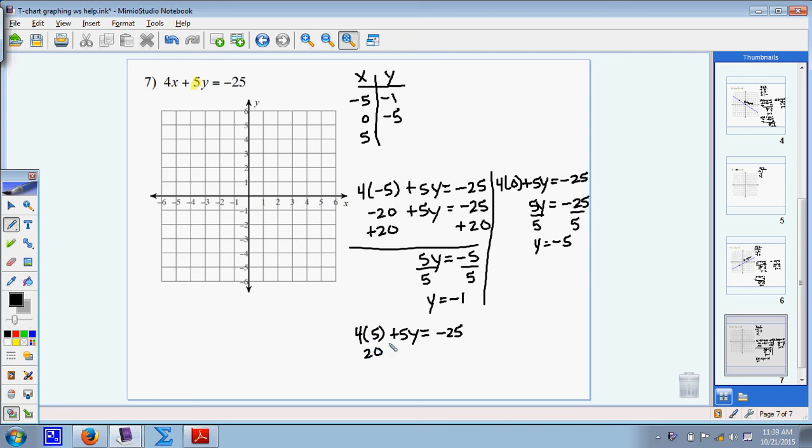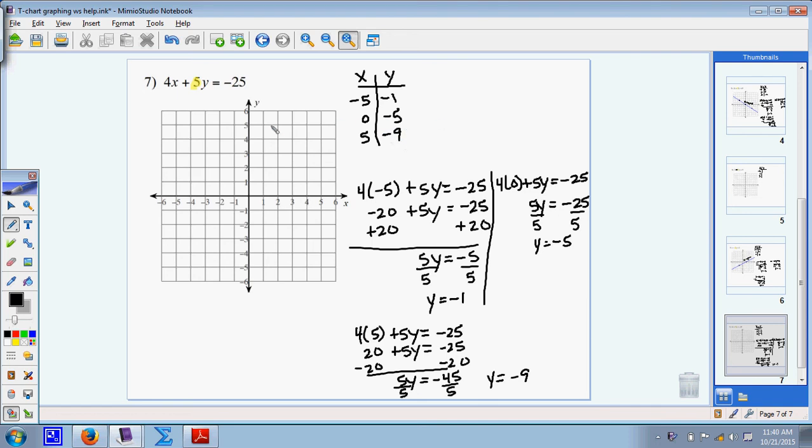So I've got 20 plus 5y is equal to negative 25. Subtract 20. So that gives me 5y is equal to negative 45. Divide by 5, so y is equal to negative 9.